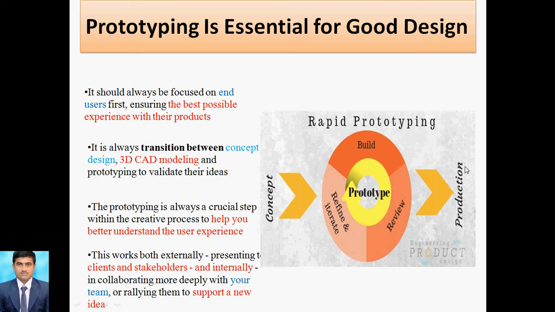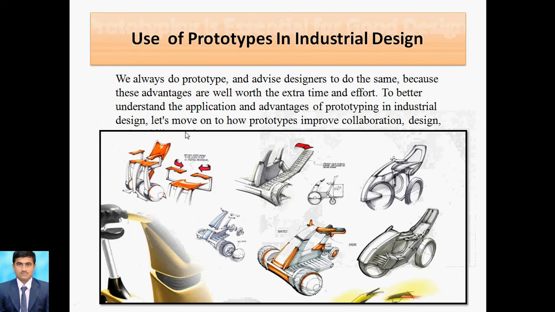And then we formulate the product. So this is the way for the formation of prototyping. This will help to create a new product, which is quite good compared to the customer's point of view. The next point we will discuss here is the use of prototypes.